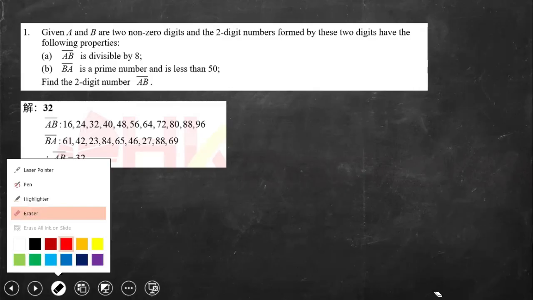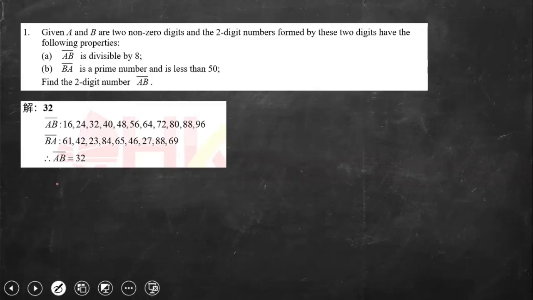The first thing to do here is to note that it's divisible by 8 and it's a prime number less than 50. What's more defining here is the second condition. It's a prime number that is less than 50 and it's 2 digits, right? So already we can think of some examples.